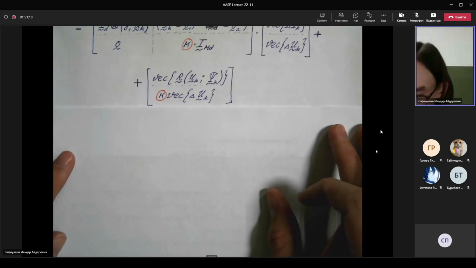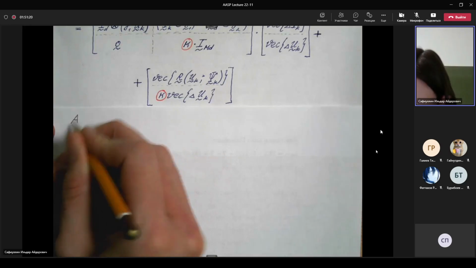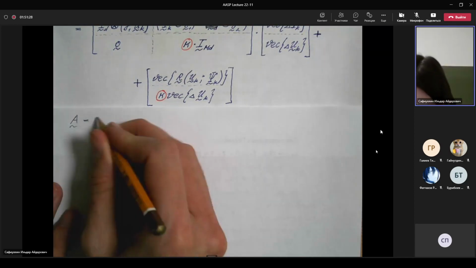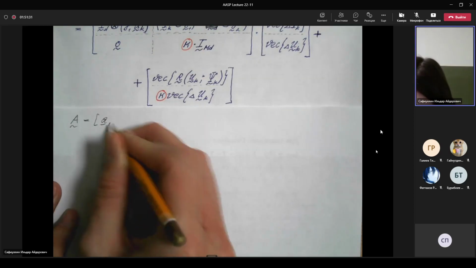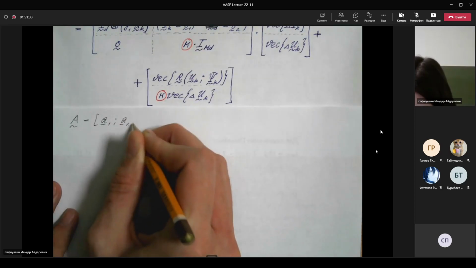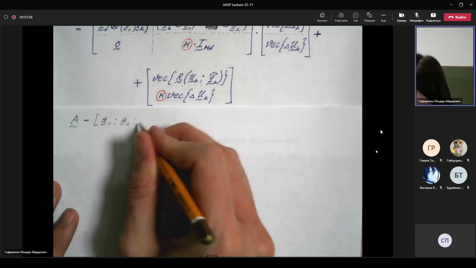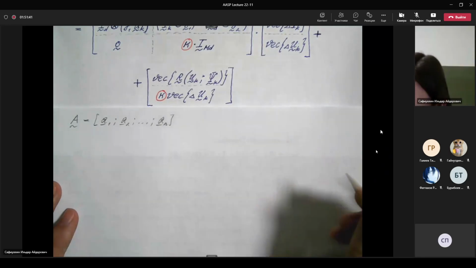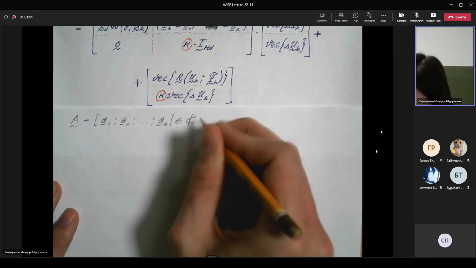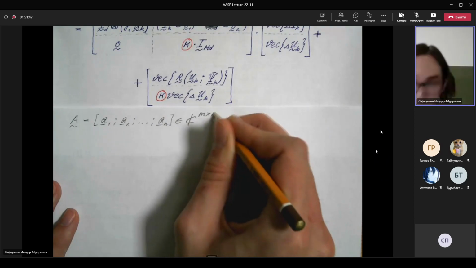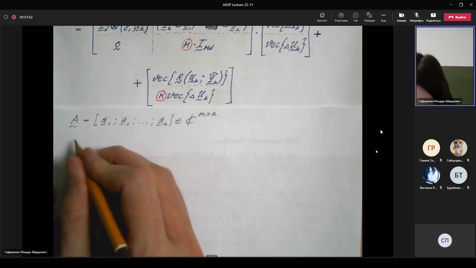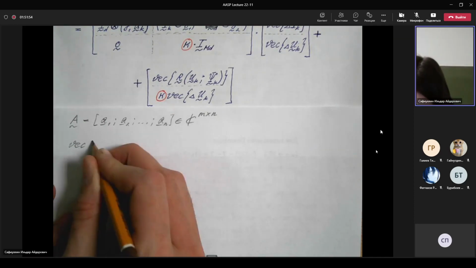So if we have some matrix A with columns A1, then A2, then A3, etc. up to AN, this matrix of size M times N.